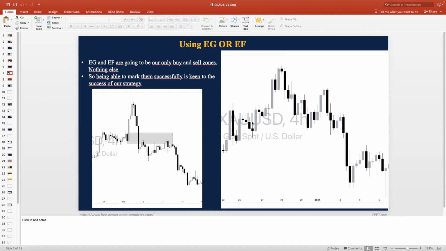This is an engulfing. Price came to this engulfing, went up. Price came into this engulfing, went up. This was also an engulfing before going up, right?